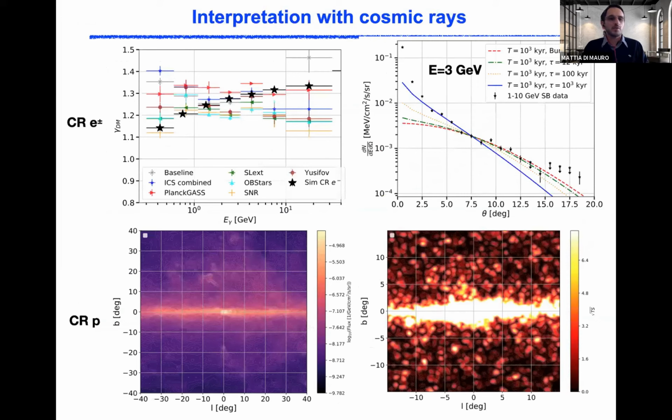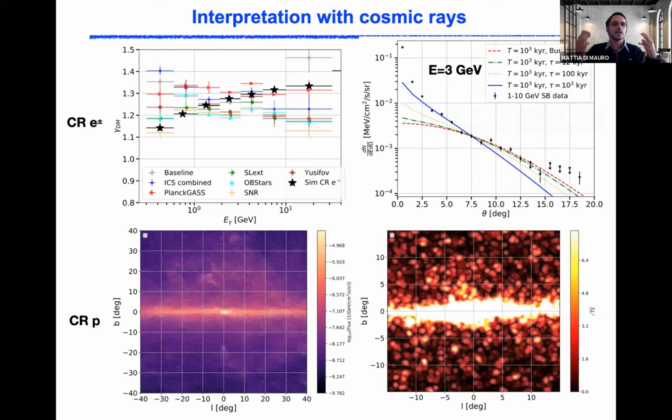There are other possible interpretations for the galactic center excess, for example with cosmic ray electrons and positrons, but these provide a signal that is energy dependent because they produce gamma rays by inverse Compton. In the top left, you see the gamma as a function of energy for this interpretation. So basically you have bursts of electrons injected from the galactic center.